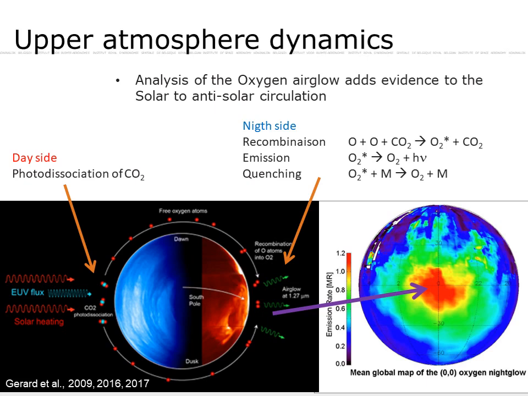Atoms of oxygen are entrained towards the night side of the planet, where a series of reactions convert those excited atoms back to oxygen molecules. In the process, a typical radiation called the oxygen night glow is emitted and could be observed by the instrument on board the mission.